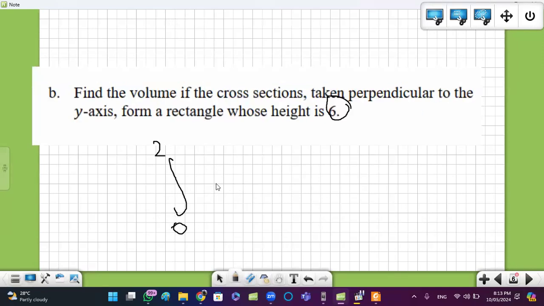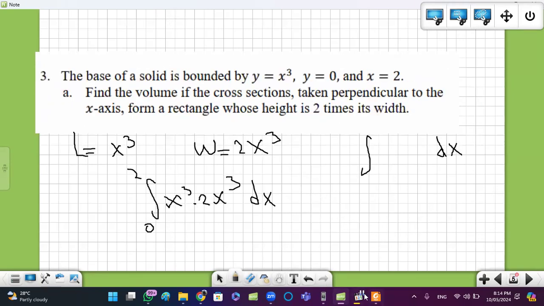What is the length? x to the power 3, right? Yes. And what is the height? 6. You will multiply by 6 dx. Why 6? He could have told me 6 times, but he said 6 units only. Be careful of these questions.